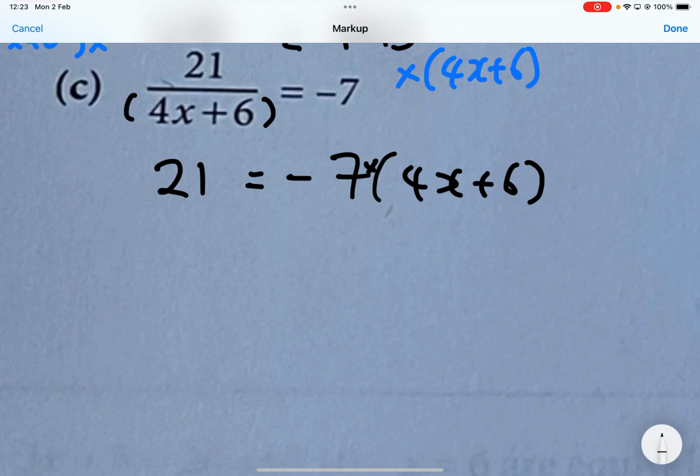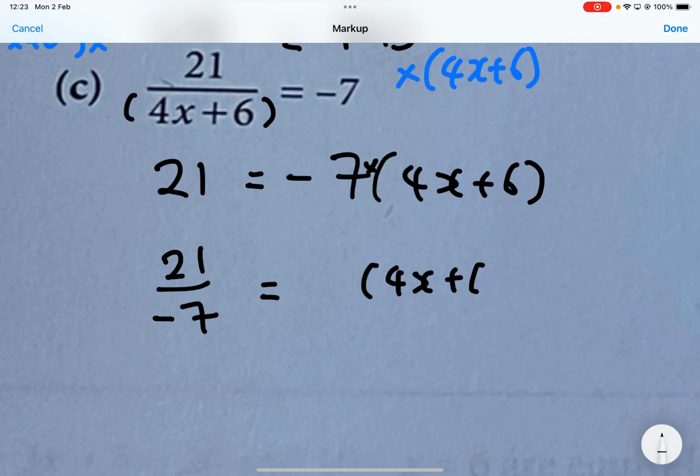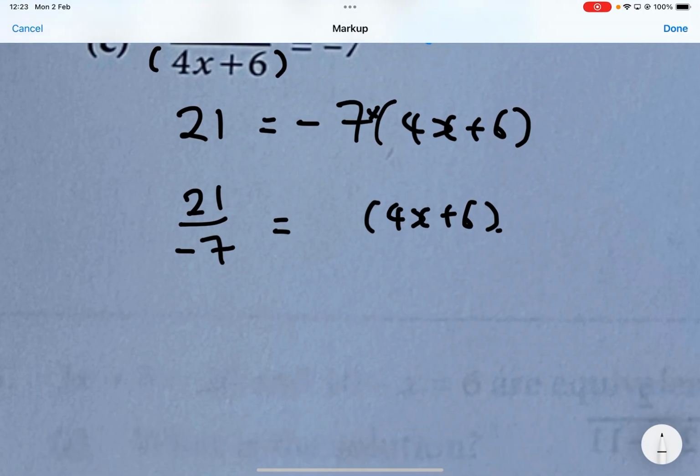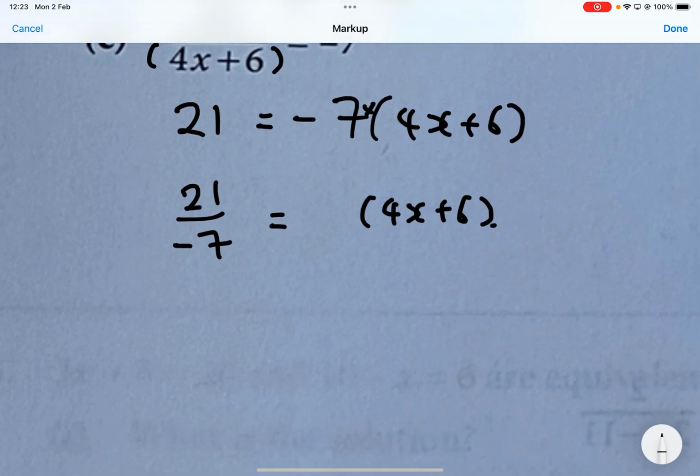So I divide both sides by negative 7. I will have 21 divided by negative 7. Then my right hand side, I divide by minus 7 also. So minus 7 and minus 7 cancel. I'm left with 4x plus 6. This is another way to remove the multiplication.